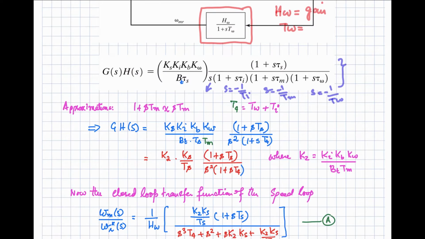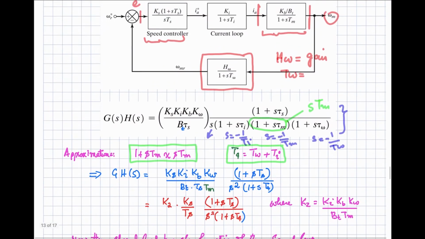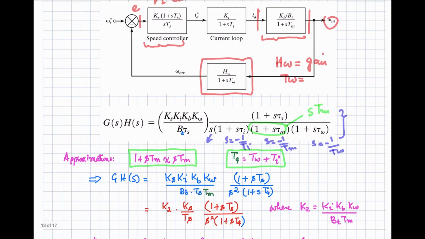First of all, we are going to say that 1 plus s Tm is nearly equal to s Tm. So with that, we can represent this part with s Tm, right? And the second assumption, that is we are going to define another time constant T4, which is the sum of the delay time of your speed sensor and the Ti, which was the delay time of your current loop.